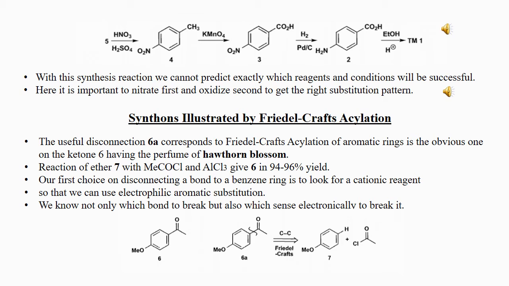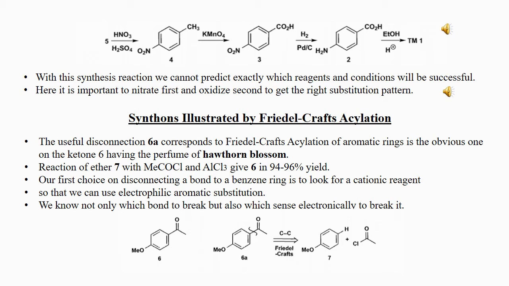So in the case of electrophilic aromatic substitution, keeping that in mind, now we shall think about the last point. If we check, we know not only which bond to break, but also in which sense electronically to break it.